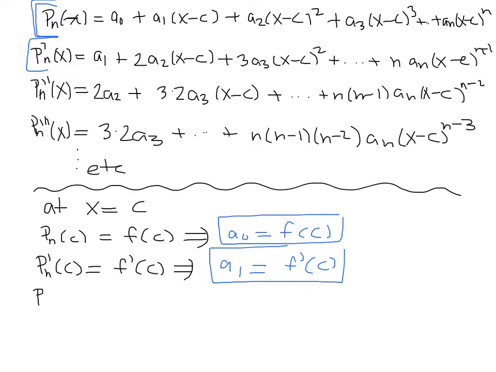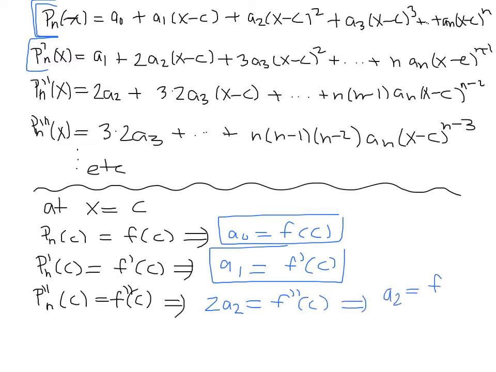Now the second derivative of the polynomial at c needs to equal the second derivative of the function at c. So that tells us that 2 a2 has to equal f double prime of c, or, once again, a2 is equal to f double prime of c over 2.